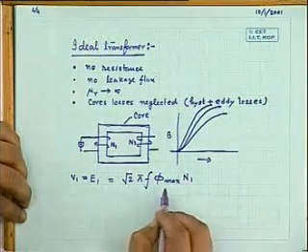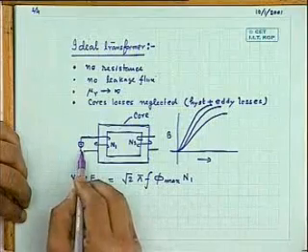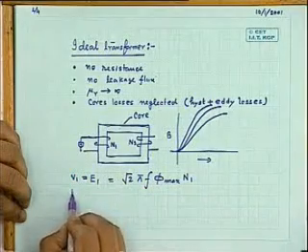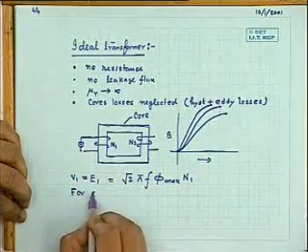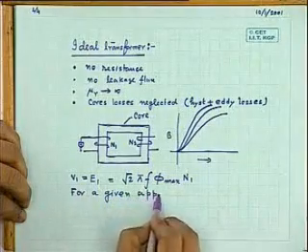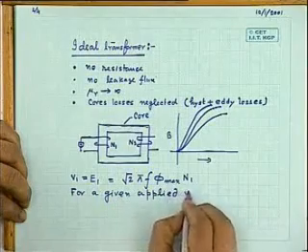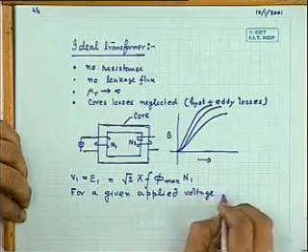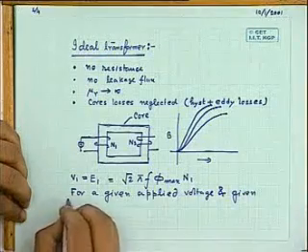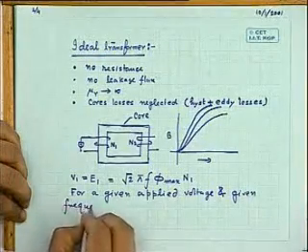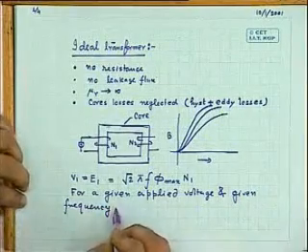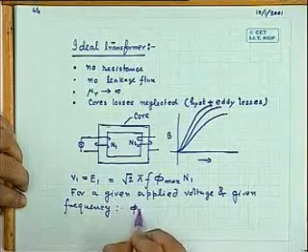So from this we told you that for a given applied voltage and given frequency, the flux level inside the core of the transformer remains constant. Phi max gets fixed.